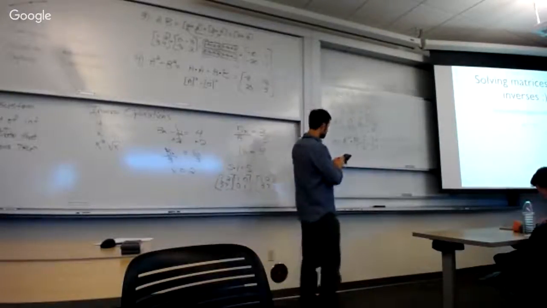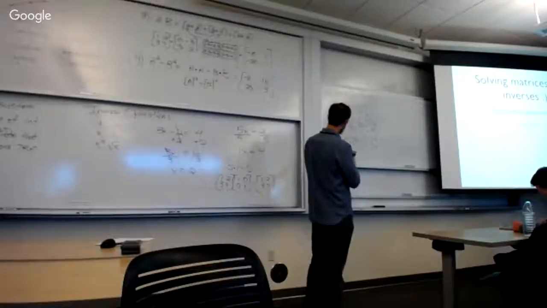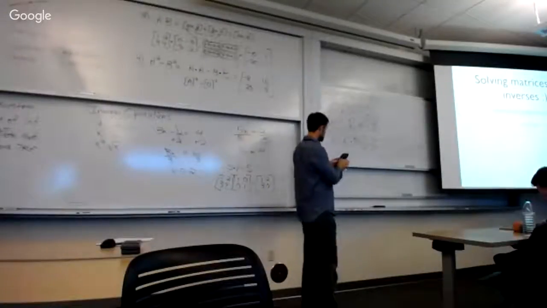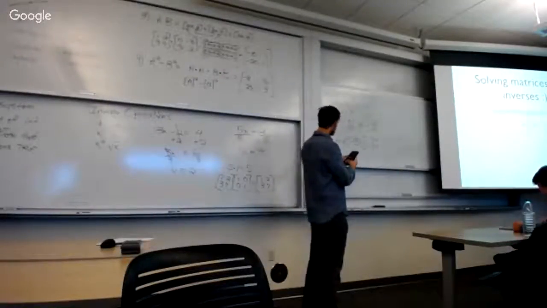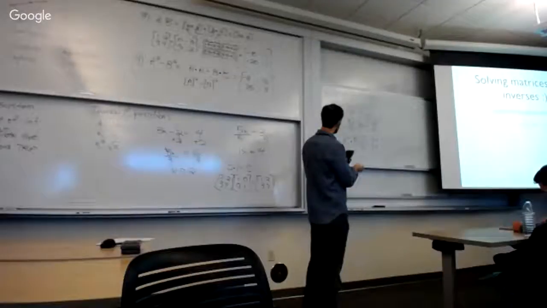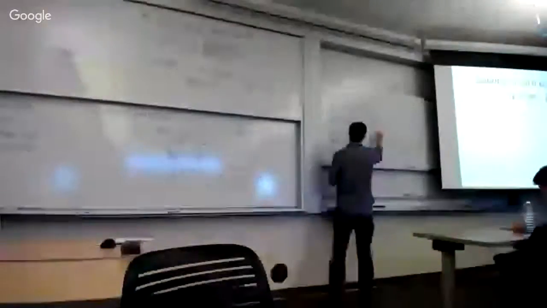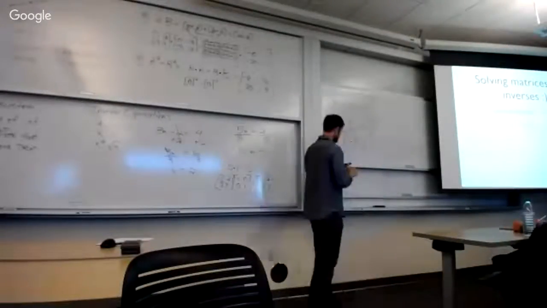So into our calculators we go. We're going to edit matrix A, which is 1, 3, 4, -3. And then edit matrix B, which is a 2 by 1 matrix, right?